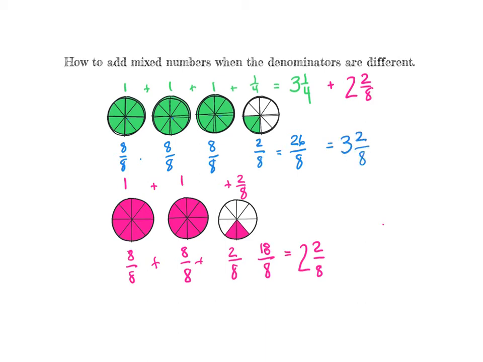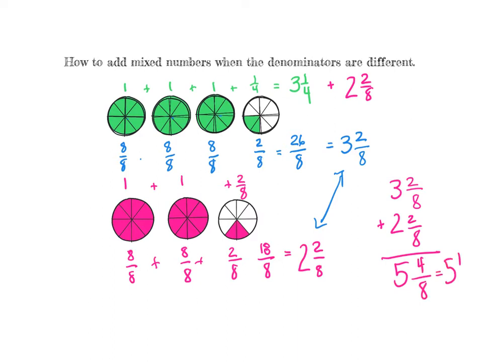Okay, so we can do that now. So now we've got two numbers that can work well together. In model form, we've changed it to common denominators, and we can just add 3 and 2/8 plus 2 and 2/8, and that is going to equal 5 and 4/8, which equals 5 1/2.